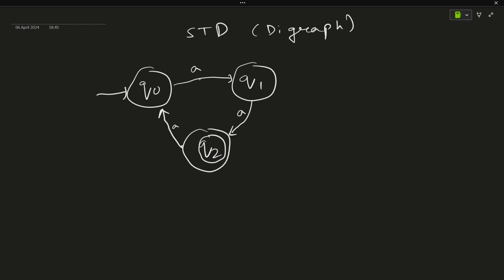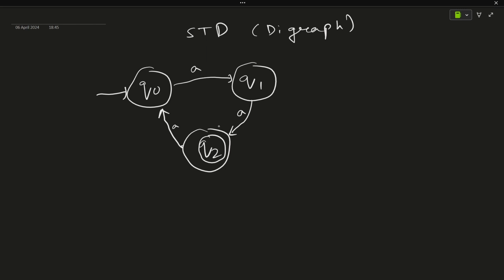So A, then what this means: Q naught on reading A goes to Q1, and Q1 on reading A goes to Q2, and Q2 on reading A again goes to Q naught. And if this stops on Q2, the string will be accepted.